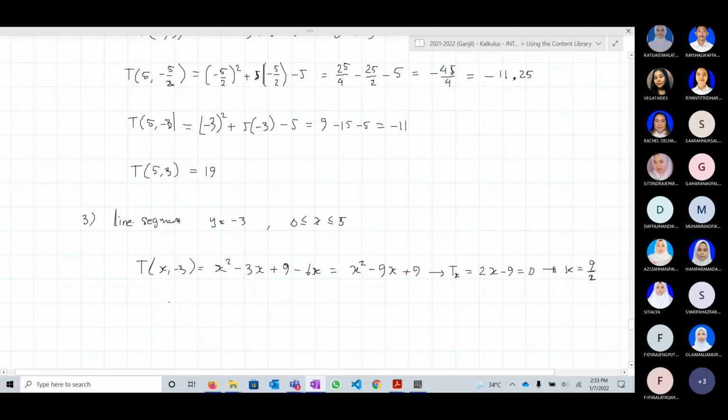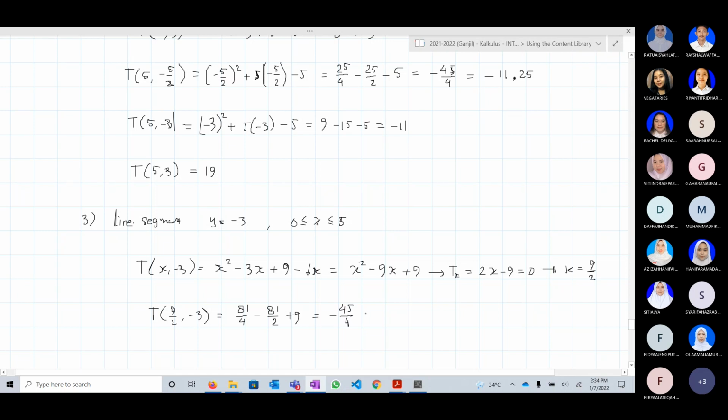So now we evaluate t at 9 over 2 comma minus 3, which is 81 divided by 4 minus 81 divided by 2 plus 9, which is 36 minus 81 plus 36, minus 45 over 4.